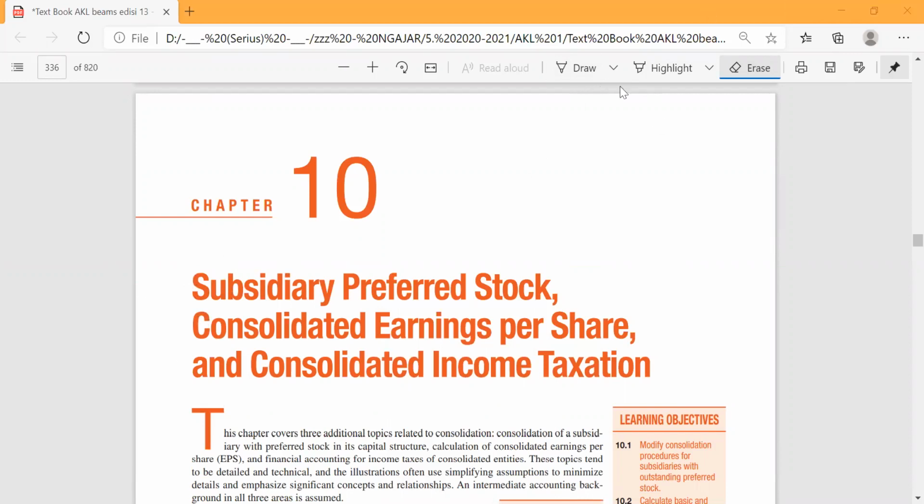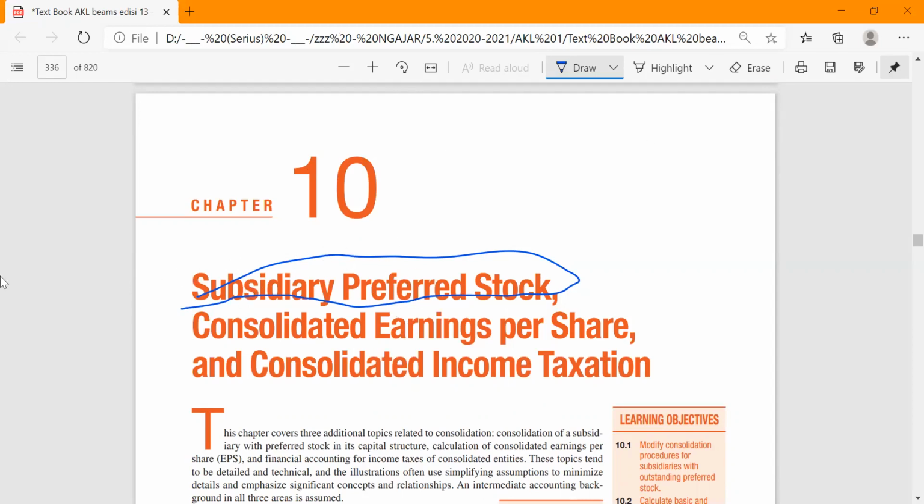But I decided to focus only on subsidiary preferred stock in this video, because consolidated EPS and consolidated income taxation involve many complex computations. So, okay, let's start explaining in detail and learn together about subsidiary preferred stock.